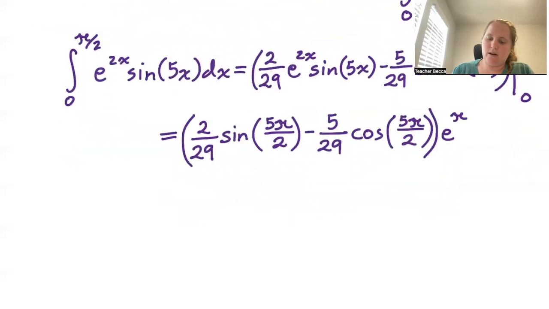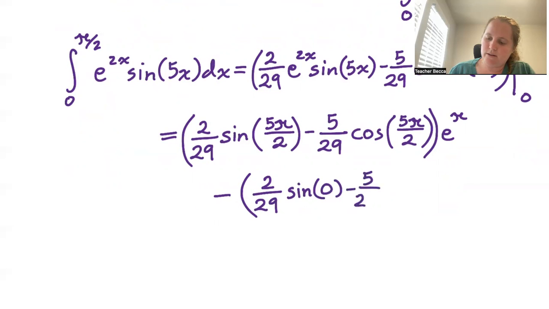And we will subtract off 2/29 sine of 0 minus 5/29 cosine of 0, all times e to the 0th.